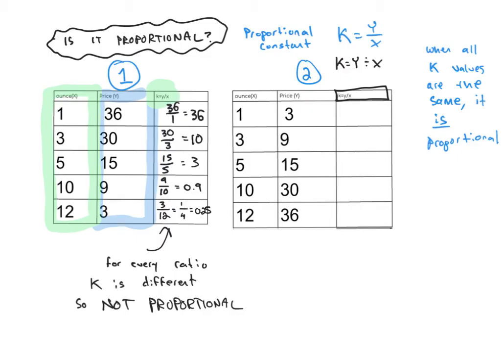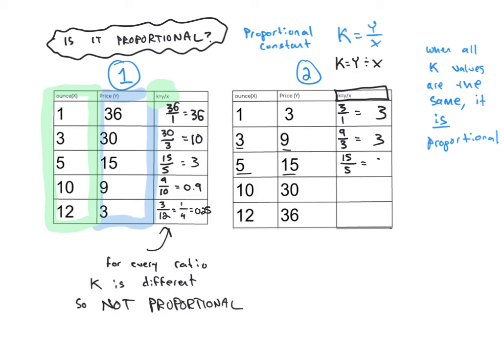All right. So in our first ratio, we have 3 divided by 1, which equals 3. Then we have 9 divided by 3, right? Our y divided by our x. That equals 3. The next one, we're going to do our y divided by our x. So 15 divided by 5.